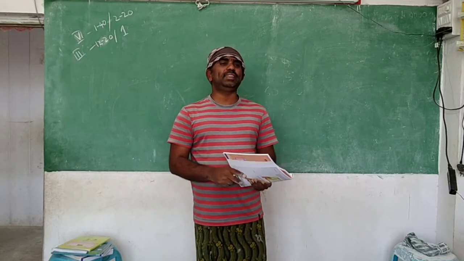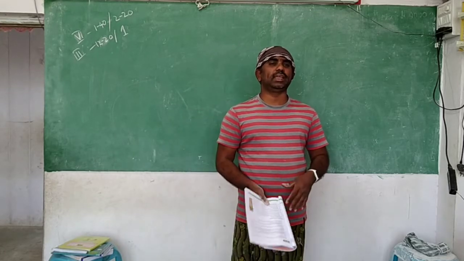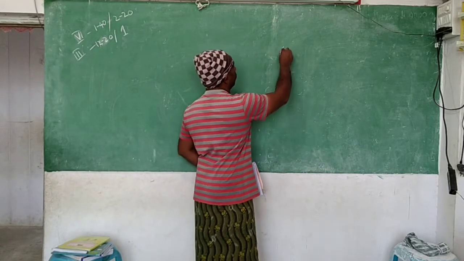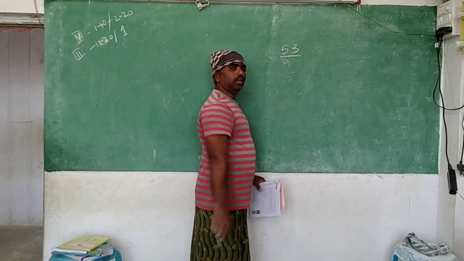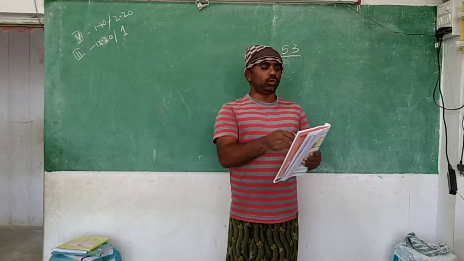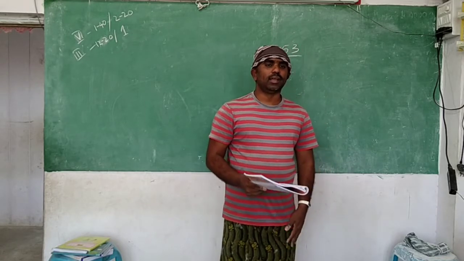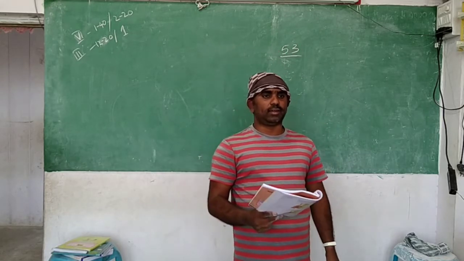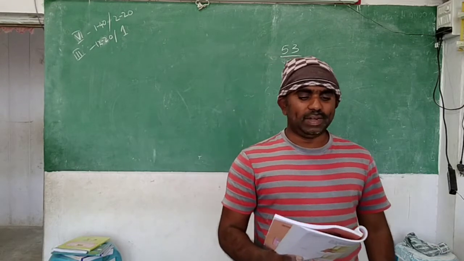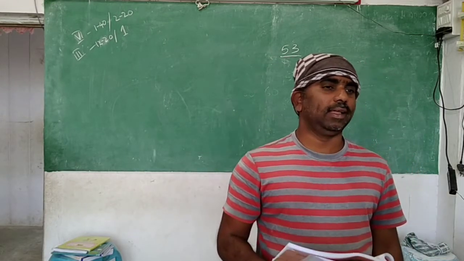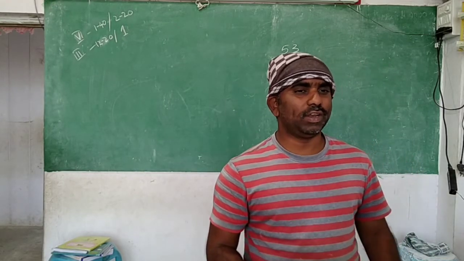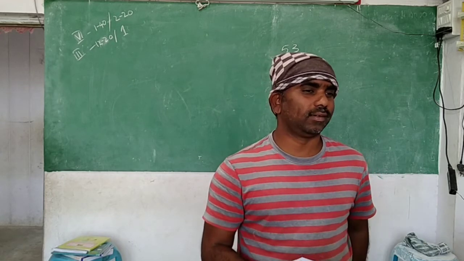Do this. What is the first bit? You see that. Split the numbers as you like and multiply. However you want, you split the number like that.